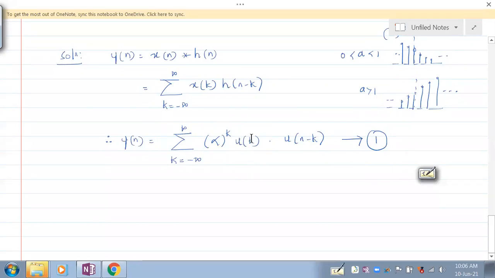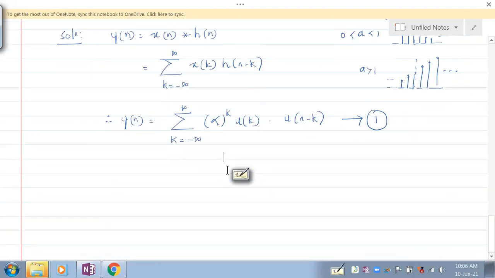This u of k tells us the range. Instead of u of n, we have just written u of k. N is replaced by k, but its properties will not change. So u of k ranges from 0 to infinity. So alpha power k also ranges from 0 to infinity.